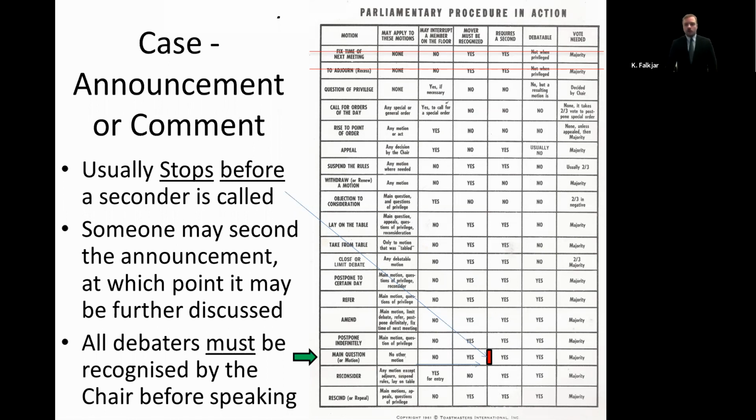The mover, once recognized, can make his announcement or comment, and then it stops. If someone seconds the announcement, there could be further debate on it. And debaters must be recognized by the chair before speaking.